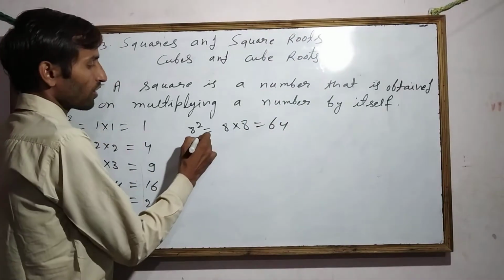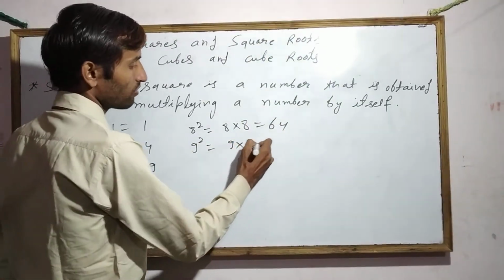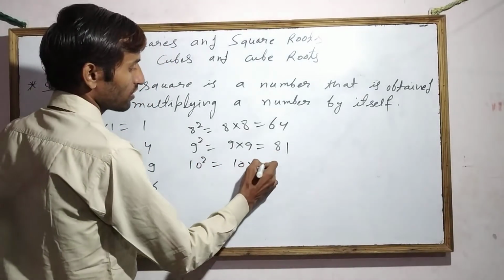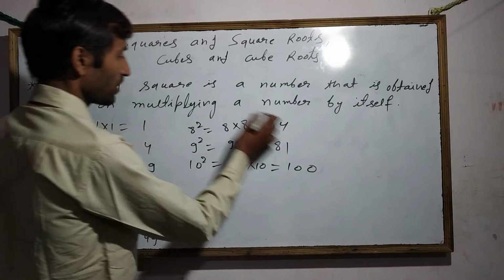Next, 9 square is 9 into 9, that is 81, and the last one is 10 square, 10 into 10, it is 100. So these are the square numbers.